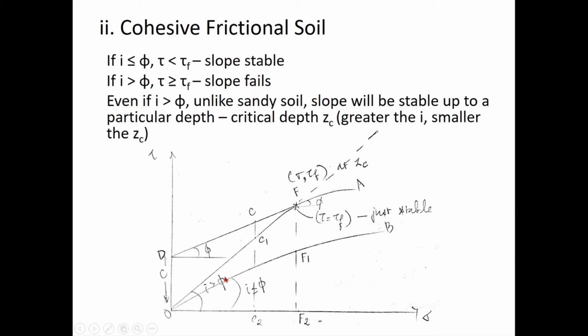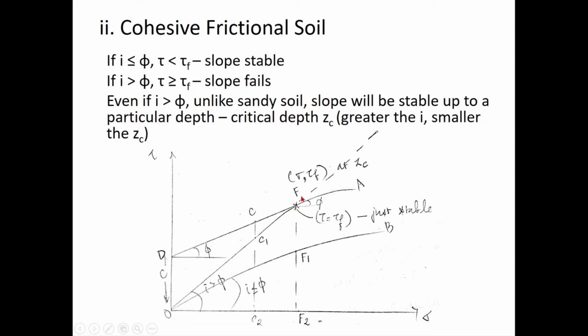Is that clear? But if my i is greater than phi, represented by line OF, you can see that at some points your tau is less than tau f, but there will be a point where your tau is greater than or equal to tau f, right? At this point your tau is equal to tau f, and above that your tau is greater than tau f.